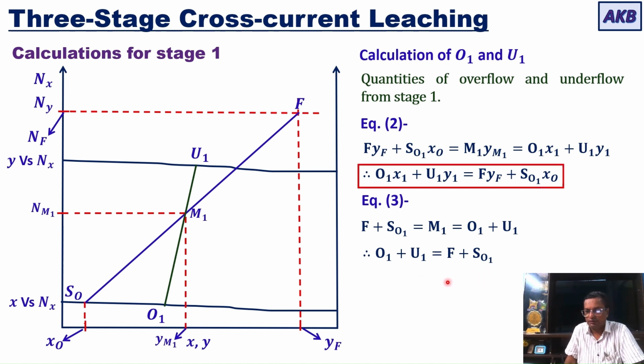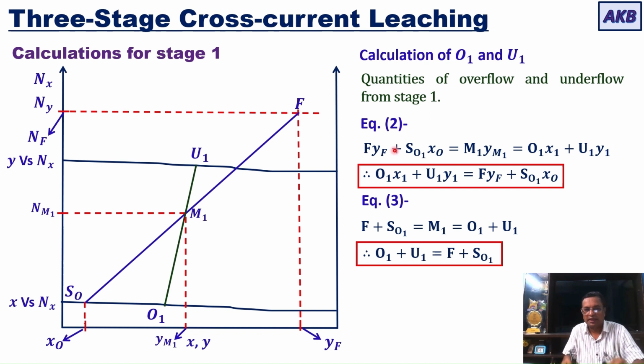Now if you look at this equation and this equation, you have two equations and only two unknowns in this case, O1 and U1. You can solve those two equations simultaneously and get the quantities of overflow, O1, and underflow, U1, that come out of stage number 1.